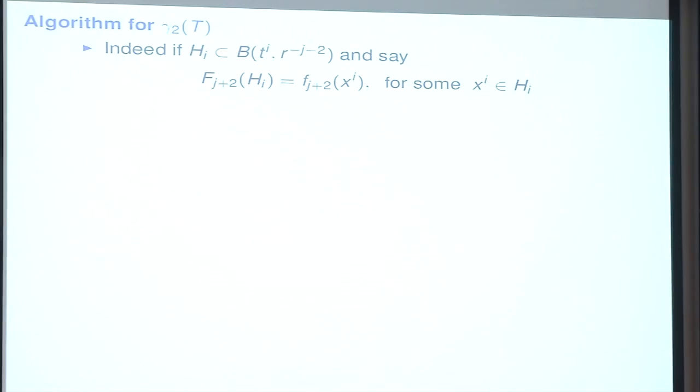To check that the growth condition is okay, we just need to consider a family of sets H_i that are contained in balls of small radius around some point t_i. Since the x_i's are points in the set H_i, they cannot be too far from the point t_i, because there is an upper bound for the distance.